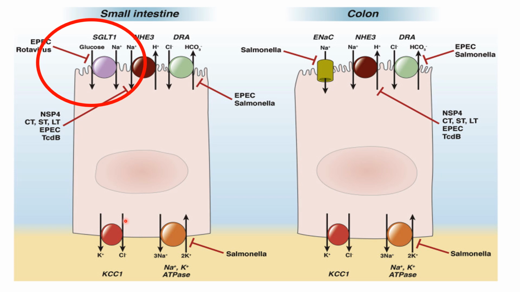here the sodium potassium ATPase pump and the sodium glucose co-transporter, these two things are not affected. You can see here, SGLT can be affected by rotavirus infection. Okay, now the sodium potassium ATPase pump can also be affected by salmonella.